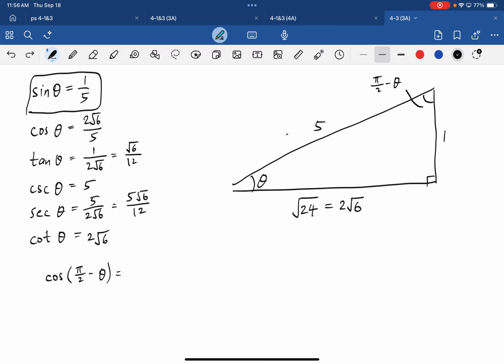Identifying that this angle is the complement of this angle, since complementary angles add up to 90, helps us define cosine of pi over 2 minus theta. Now it's just the new adjacent side over the hypotenuse, which is 1/5. And that is equal to sine of the original angle, sine theta.